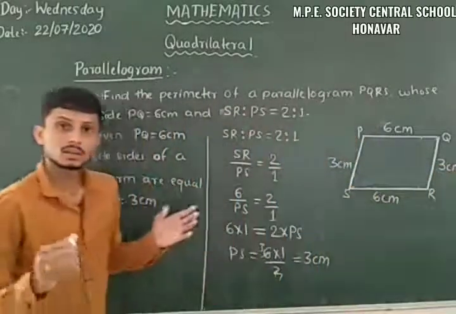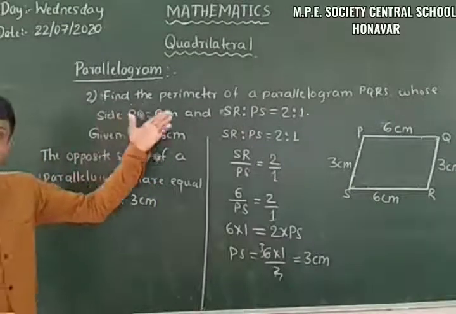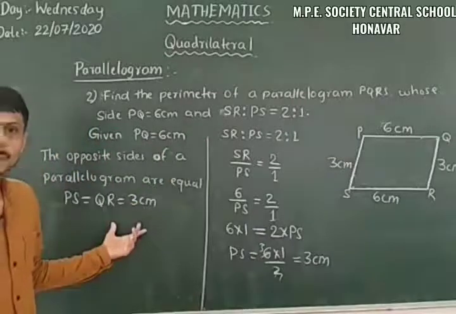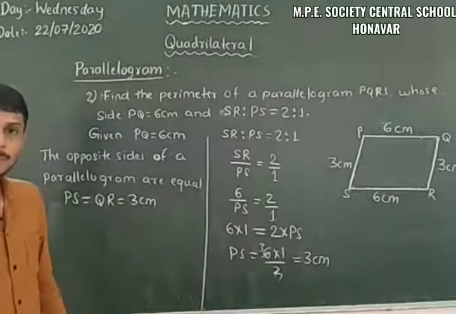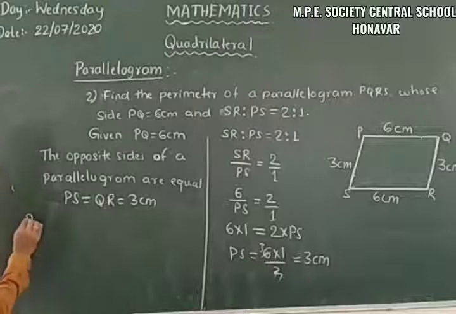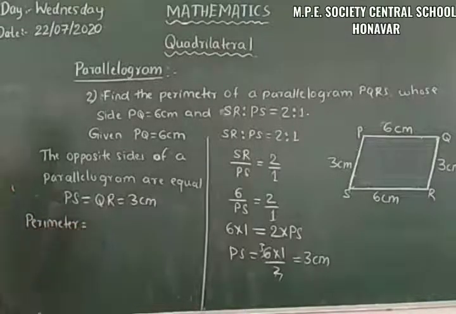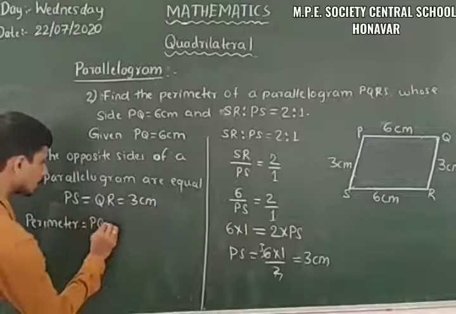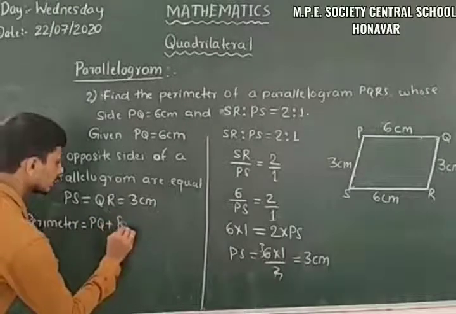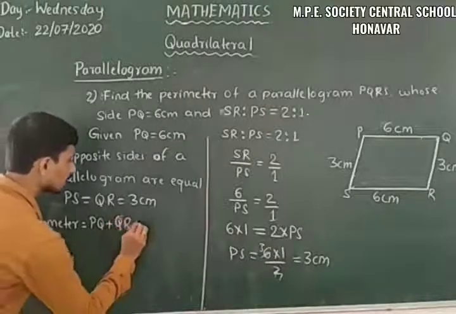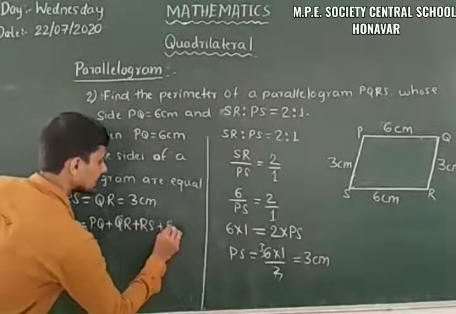In this question we have to find out the perimeter of a parallelogram. So how can we find out the perimeter here? Perimeter is equal to PQ plus QR plus RS plus SP.